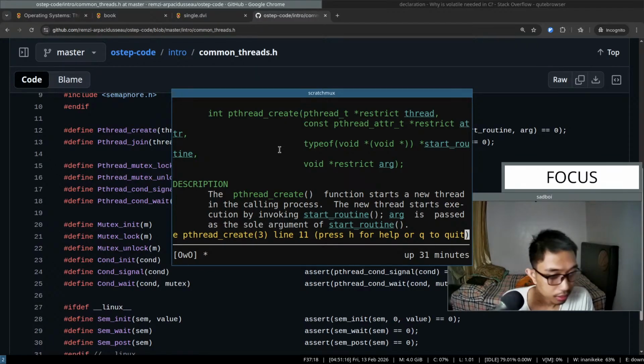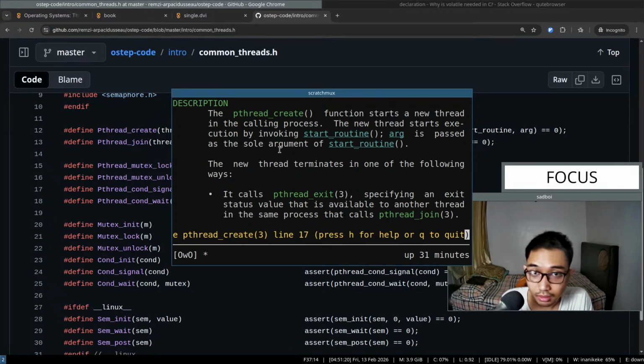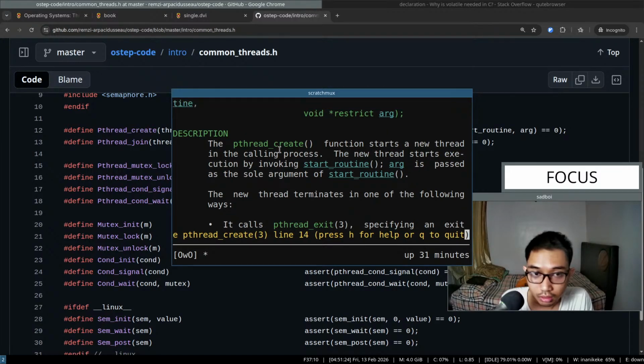Nice to meet. Calling again the thread underscore create. Function starts a new thread in the calling process. Invoking start.